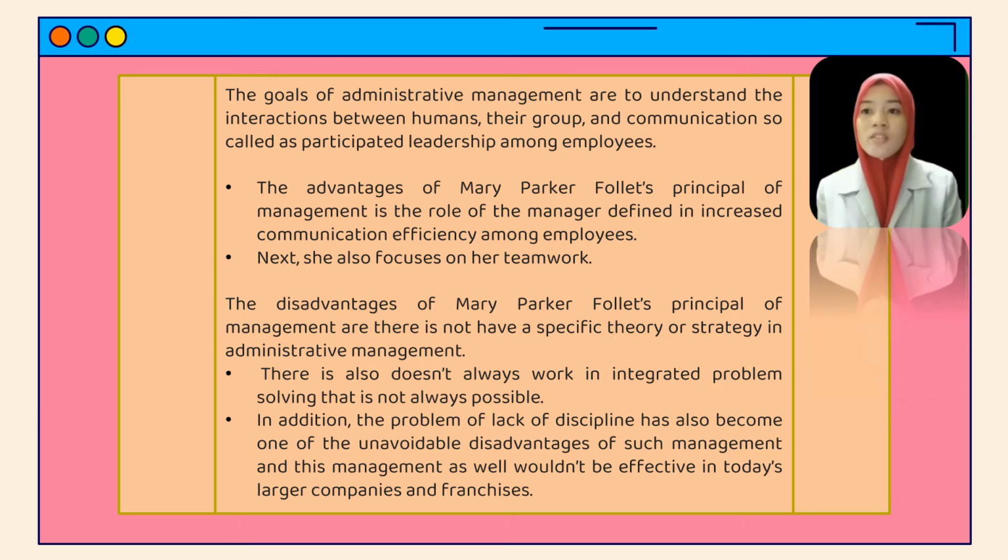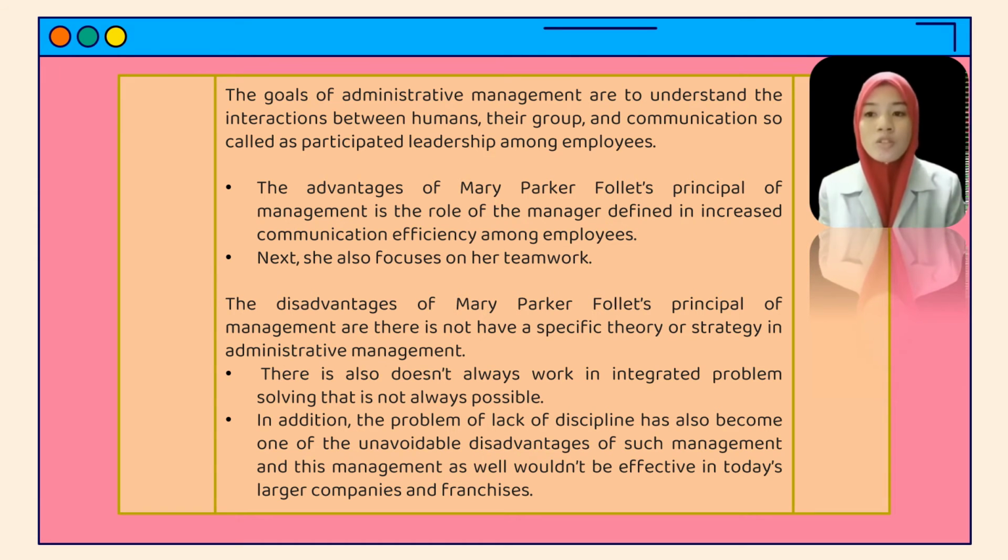The advantage of Mary Parker Follett's principle of management is that the role of the manager is defined in increased communication efficiency among employees. Next, she also focused on teamwork. The disadvantages of Mary Parker Follett's principle of management are that there is no specific theory or strategy in administrative management.